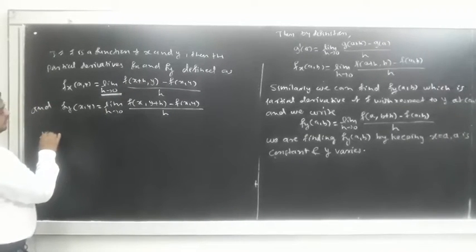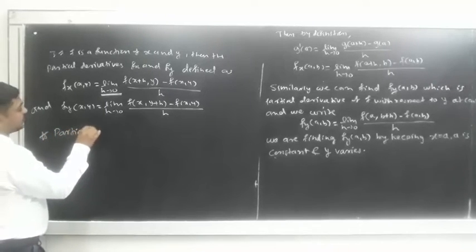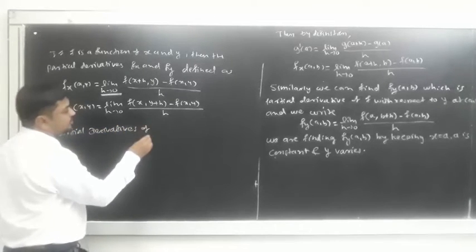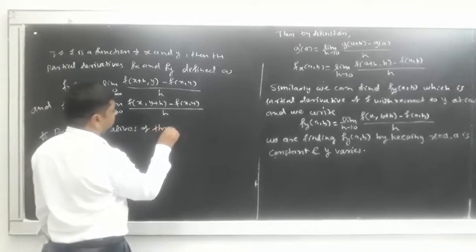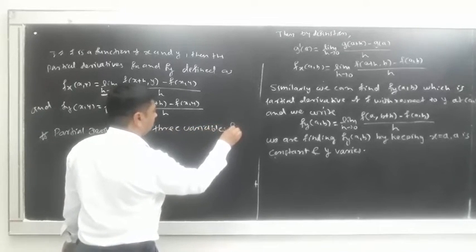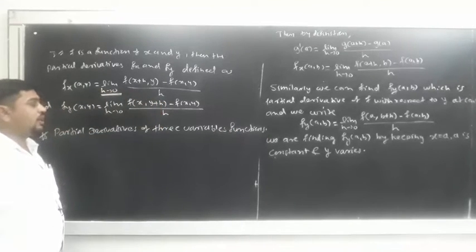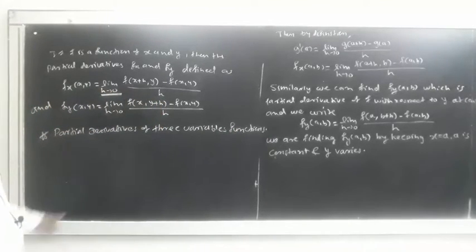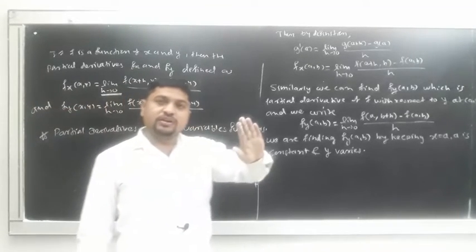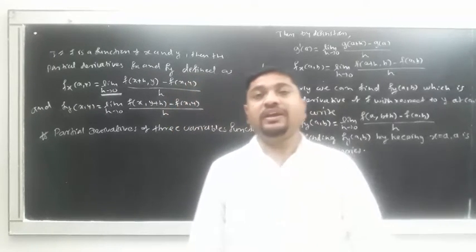So now the next point is partial derivatives of three variable functions. How we find? Similar. Here also we take the derivative of the function with respect to one variable, keeping the remaining constant.